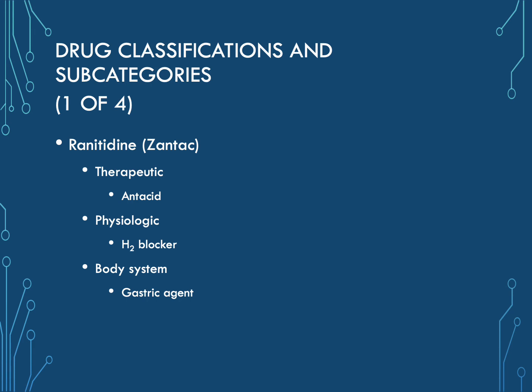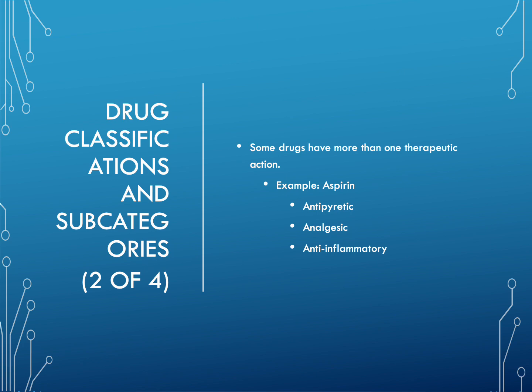We also talked about aspirin and how aspirin has more than one classification. Okay, so to further complicate matters, there are more variations. Let's review aspirin. Aspirin has more than one therapeutic action, right?